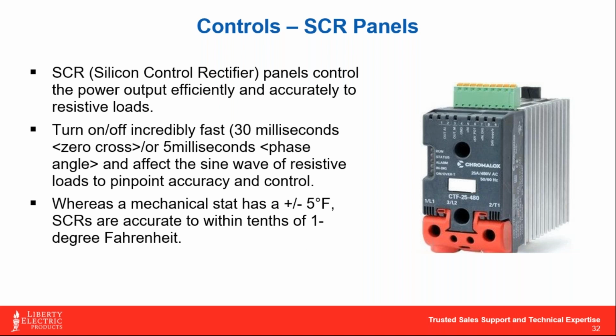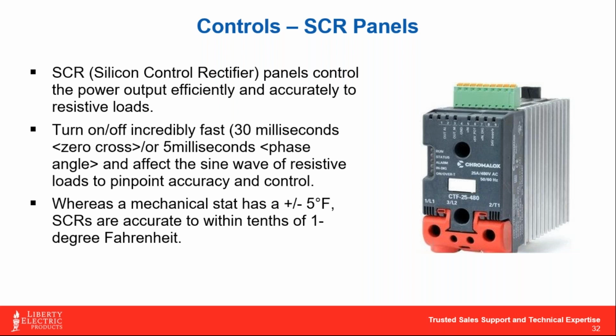As we know, over time, and it wouldn't take very long, you could burn out those contactors just from the amount of voltage going through them. Something like an SCR helps to soft start that process, which means longevity for your heating elements. By pulsing that power on at a lower rate and bringing it up to temp, we can literally double, if not triple, the life of the element just by reducing that initial shock when they come on.